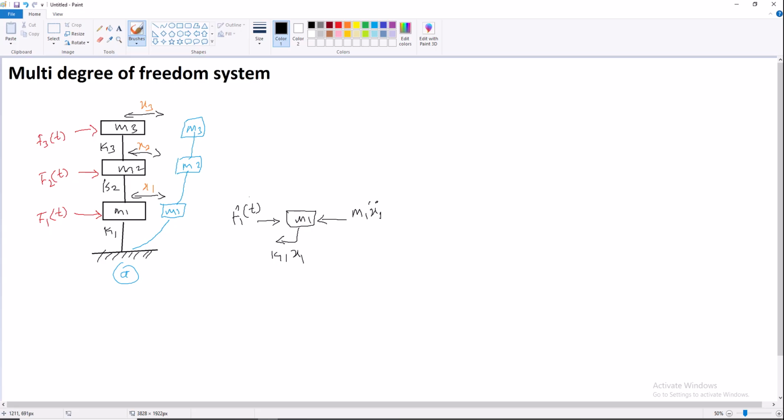At the same time, we have another floor attached to that, which is m2.